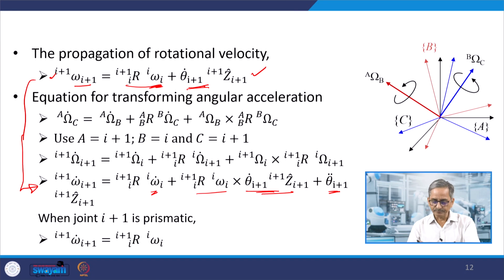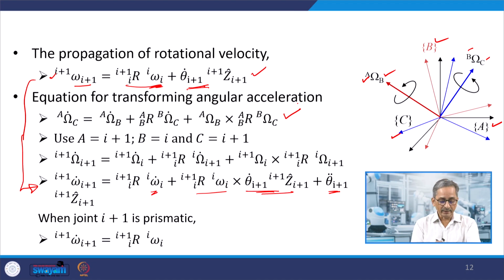Now, there is another way of doing that. In the previous lecture, where we saw how the angular velocity propagates, we assumed three frames A, B and C, and said that B has angular velocity with respect to A and C has angular velocity with respect to B, and we got this equation.